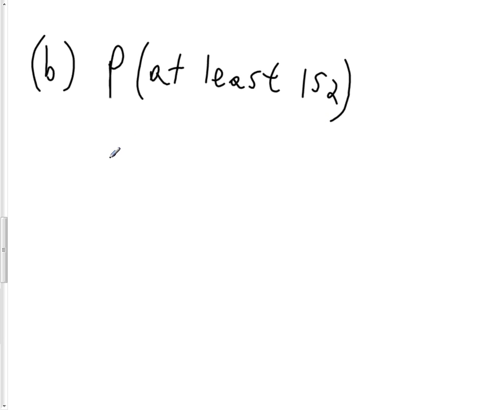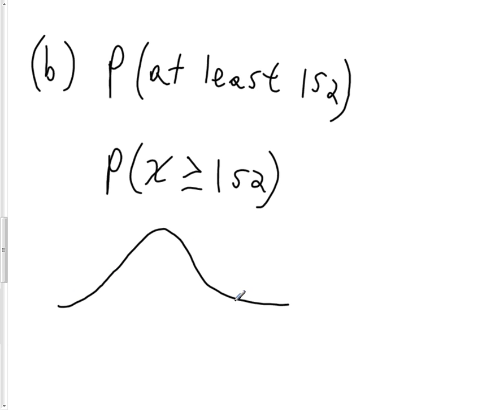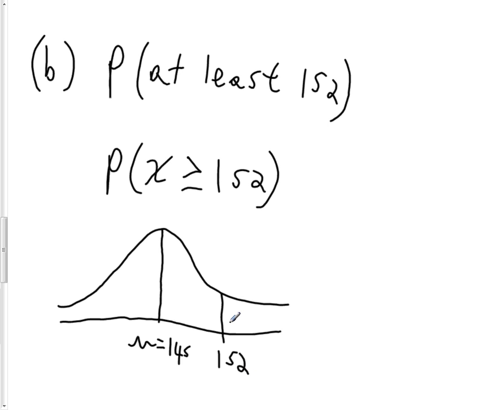This is the probability that the variable x is greater than or equal to 152. When we draw our bell curve, the mean is once again 145, and we're out here at 152, and we want to be at least 152. So we want to actually include that discrete whole number 152.